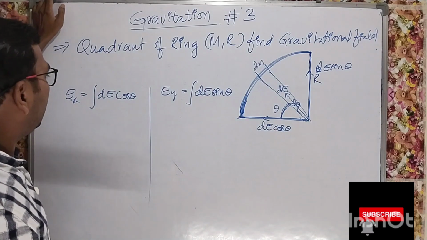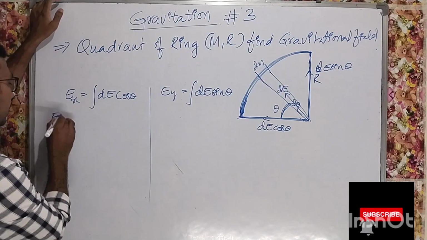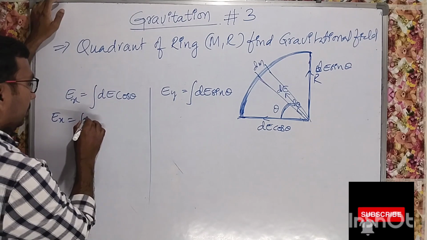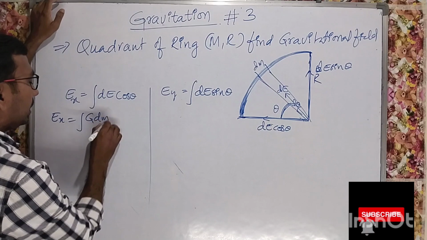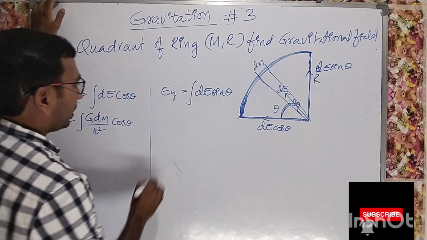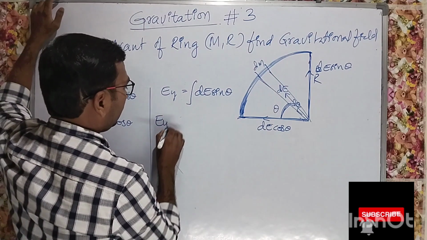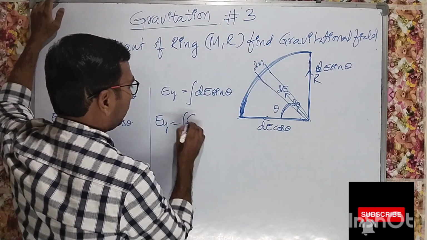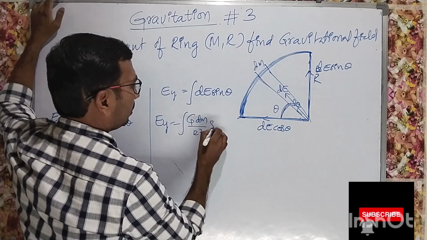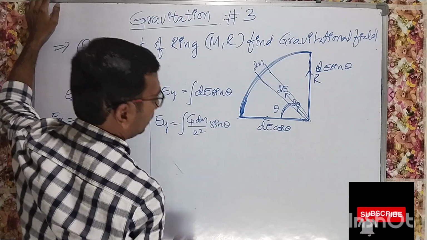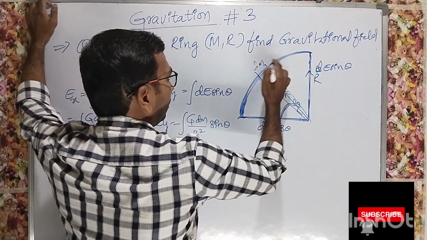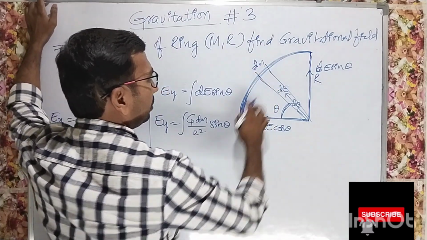Here Ex is equal to integration G dm by r square cos theta, and Ey is equal to integration G dm by r square into sin theta. From where to where are the limits?